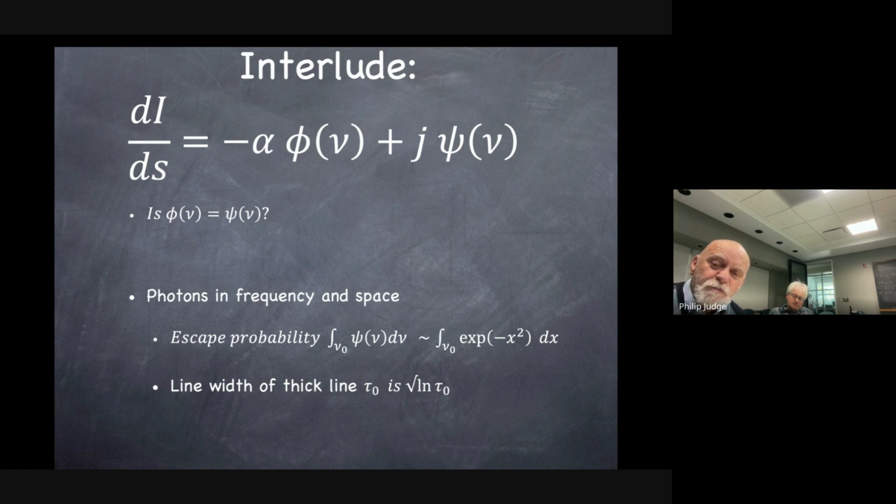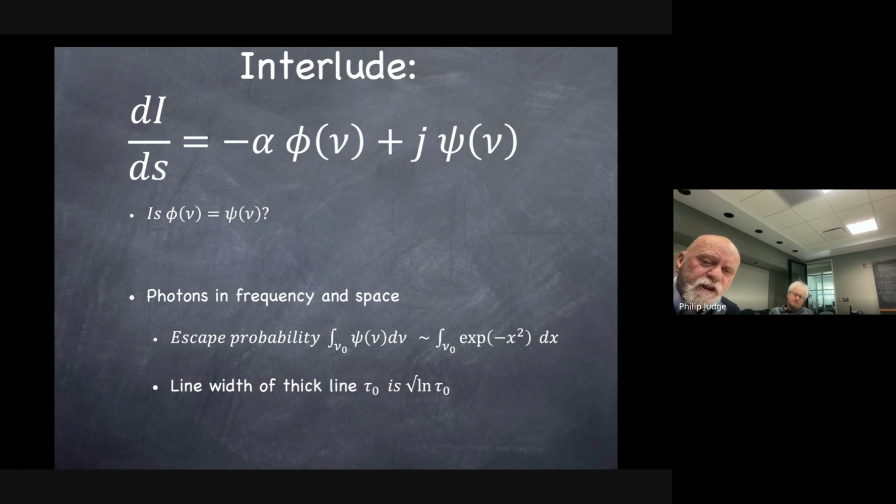And now you can see that psi and phi take on an interesting role here, because if psi and phi are the same, then we end up with a frequency-independent description of what's happening, and the photons are rather simply connected locally to the plasma.